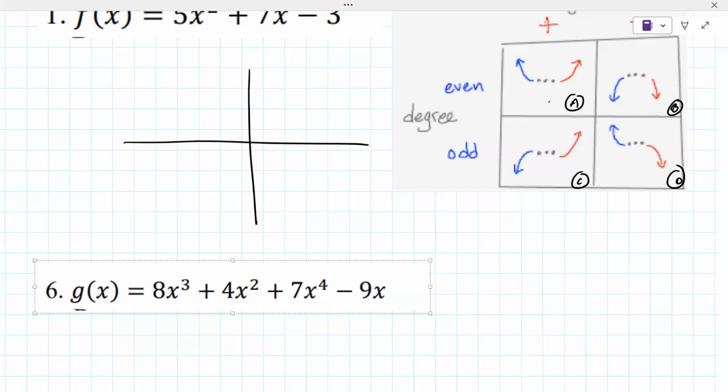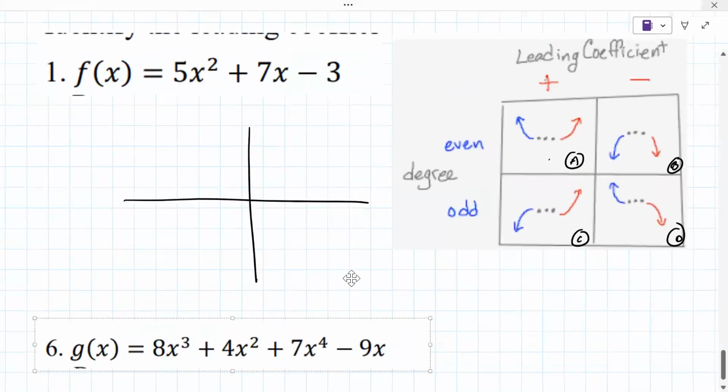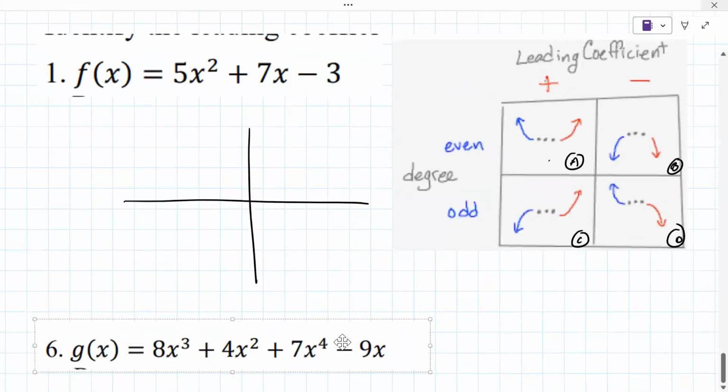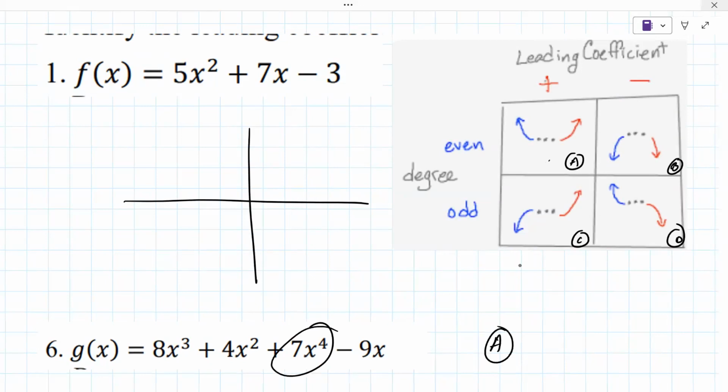Because we'd use 7x to the power 4 as a reference because that's the highest exponent. Okay, I agree. So isn't that an even degree? Oh yeah, the degree would be even, sorry, so it'd be A. It'd be A again. Yeah, and that's kind of the one where if you're looking at the beginning, you may not always see it. Okay, I think you've got that down.